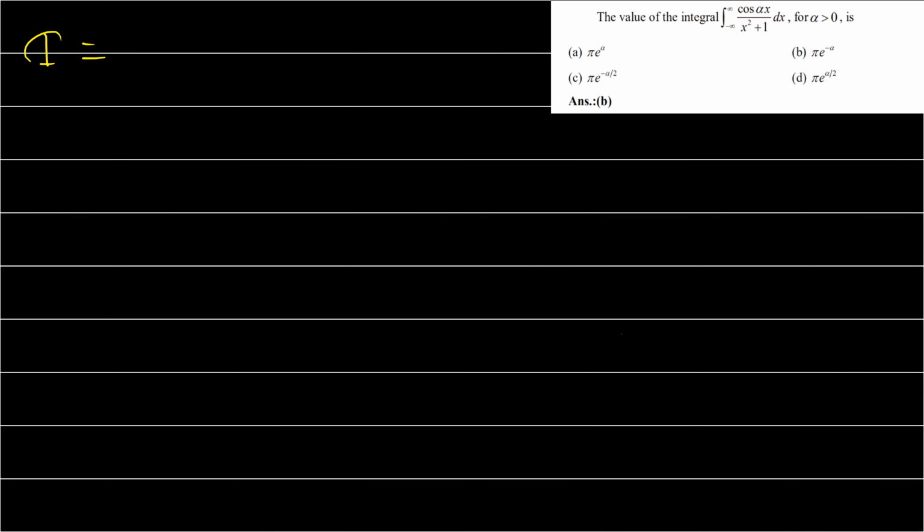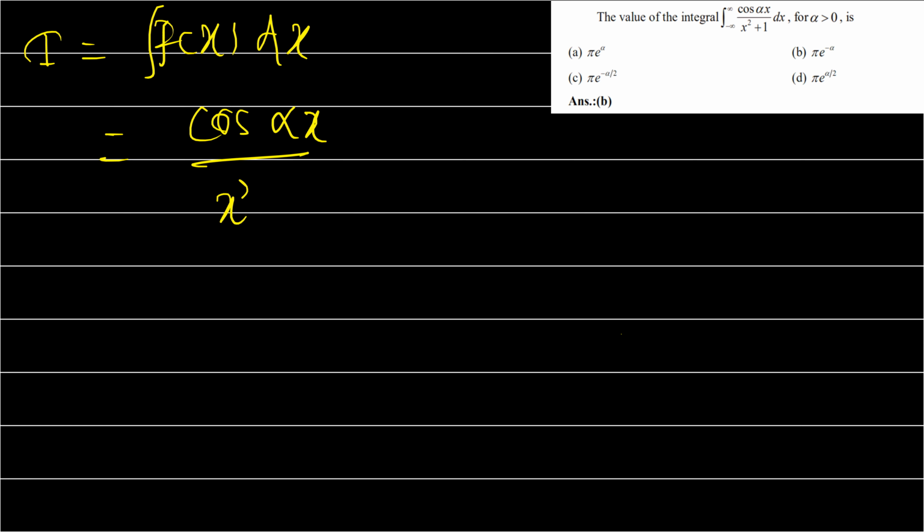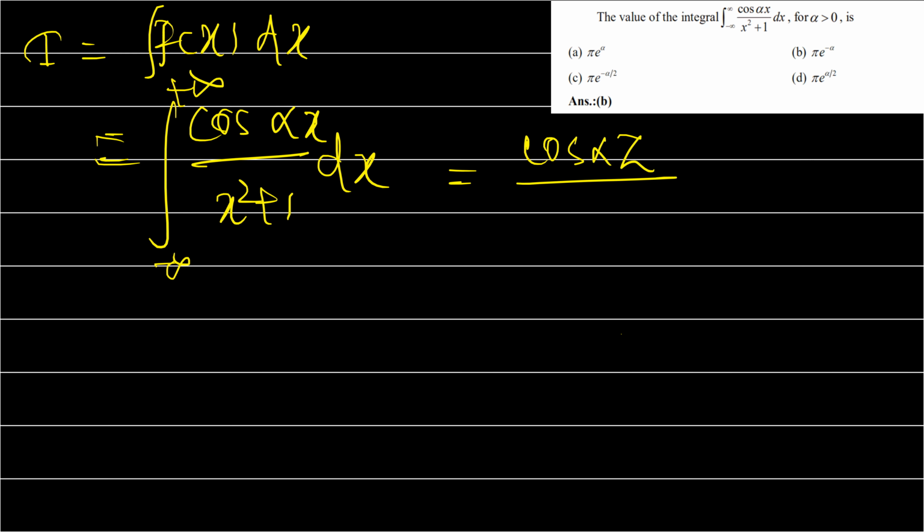Now we have the integral I equal to the integral of f of x dx, which is the integral of cos alpha x over x square plus 1 dx from minus infinity to infinity. This is nothing but the integral of cos alpha z over z square plus 1 dz along the contour.